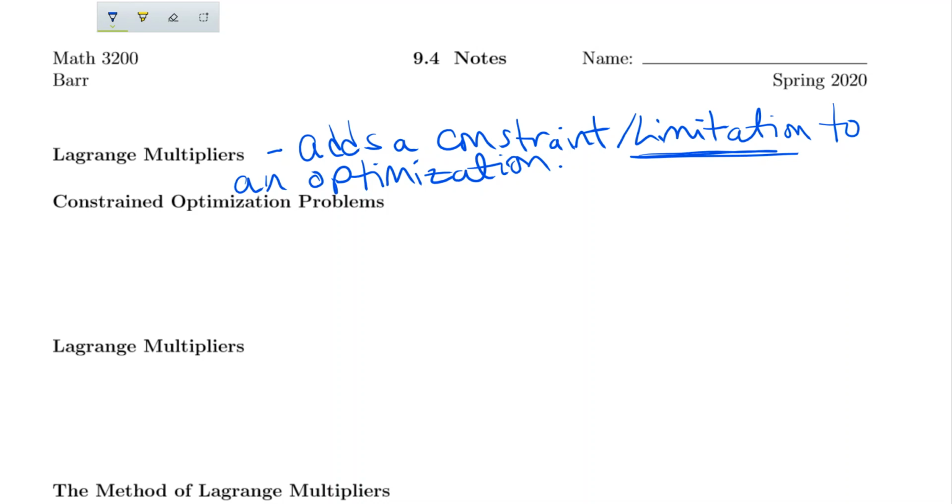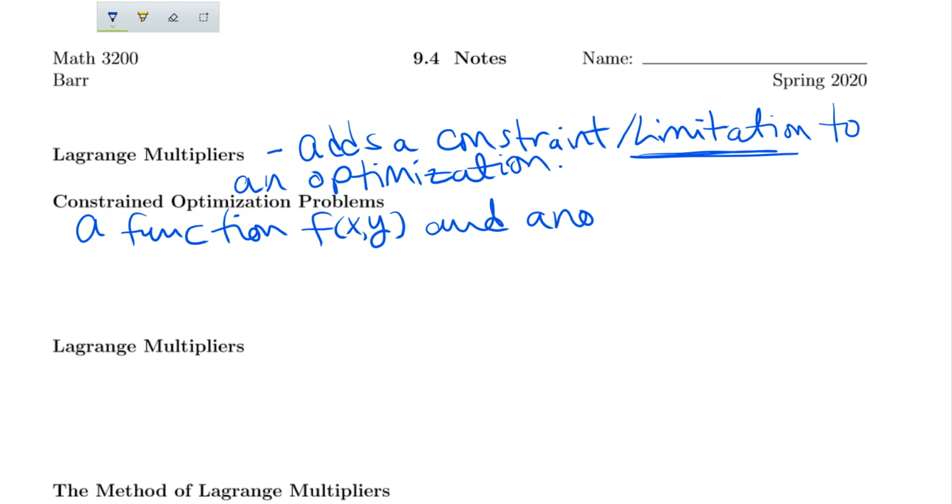So, speaking of, let's talk about what a constrained optimization problem looks like. It's going to be when you have some function f of x, y, like we've seen so far, and you're going to have a constraint on your x and y. So usually it's some form of equation.